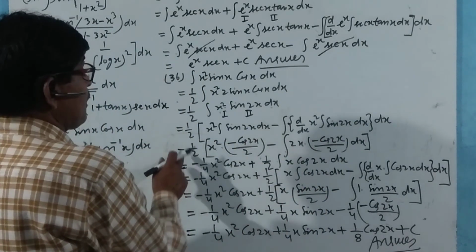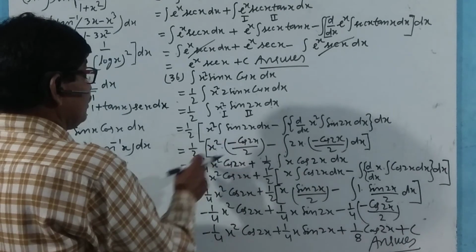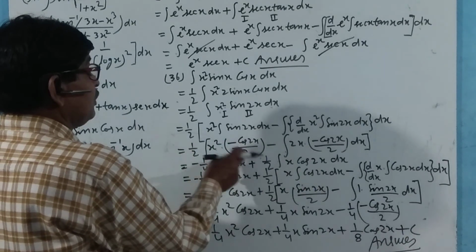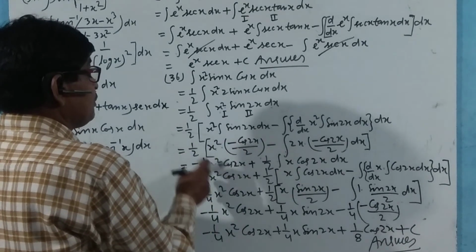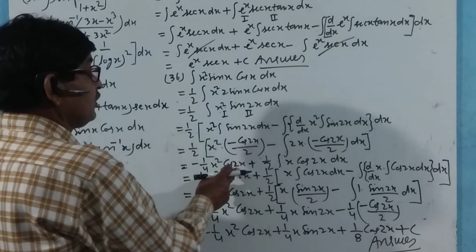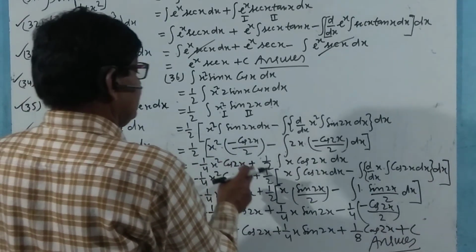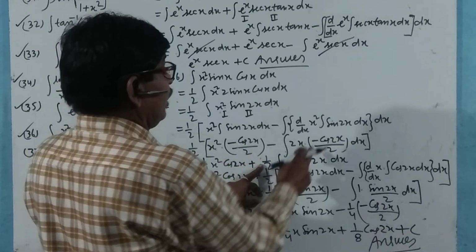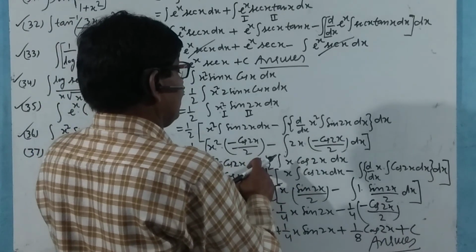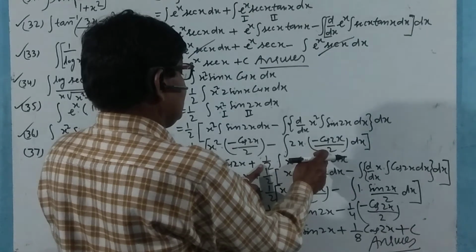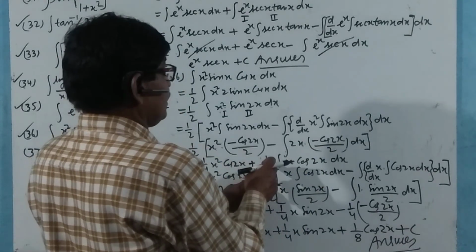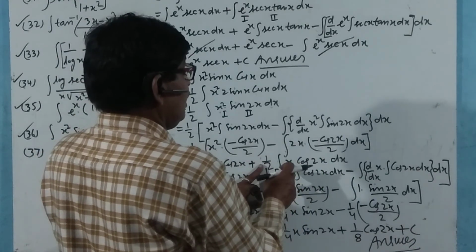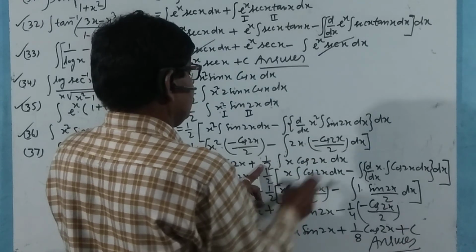Now here minus, so that minus and 1 by 2 into 1 by 2 is 1 by 4 x square cos 2x, and in this case 1 by 2 comes here, and minus minus is equal to plus, 2 and 2 cancel, so that 1 by 2 comes here, and here 2 and 2 cancel, x cos 2x dx.